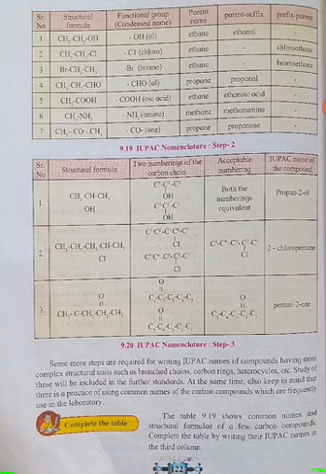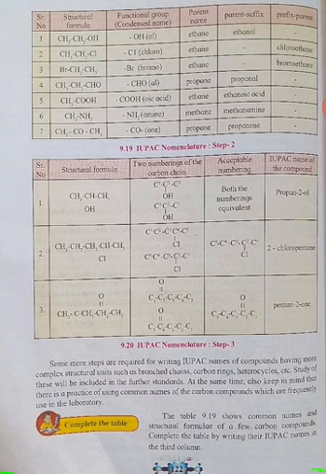In the fourth example, CH3CH2CHO. Here the CHO functional group is attached, so the parent name is propane and the suffix form is propanal. Propane will be changed to propanal. In the fifth example, CH3COOH is the structural formula.